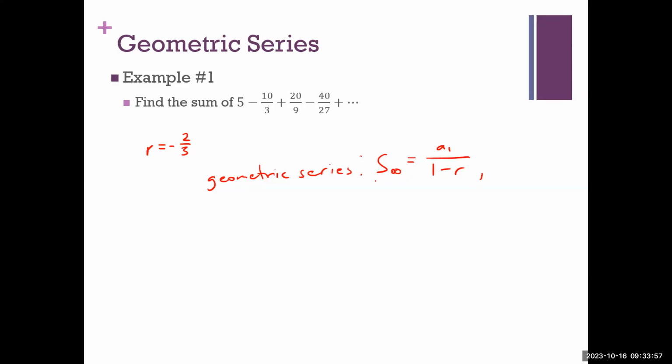So if I say this infinite sum exists, right? Then what has to be true about R? It has to be between -1 and 1. So just be careful. I mean, formulas are only useful if you know when they're applicable.